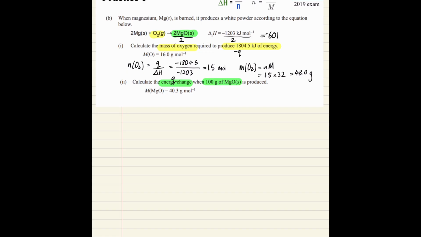Don't forget the negative. So negative 601 kilojoules per mole. And this is the value that I am going to be using in my equation, because I want everything to be in terms of 1 mole of the substance magnesium oxide.